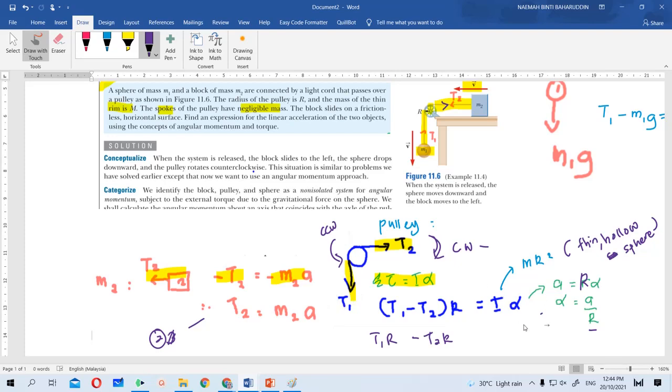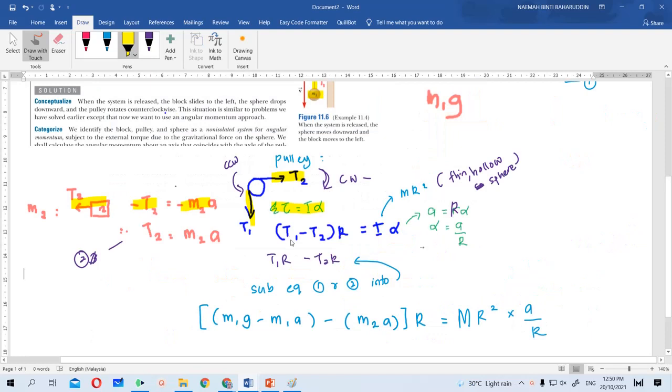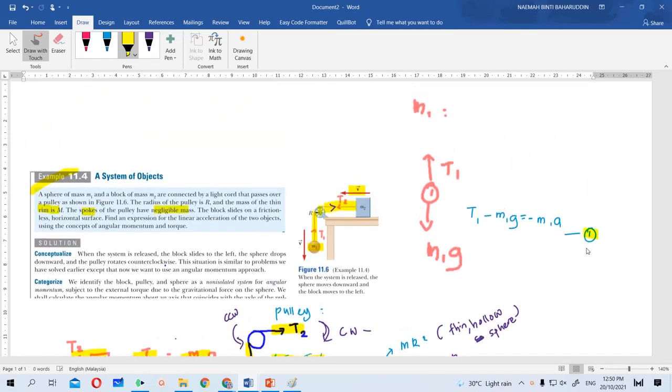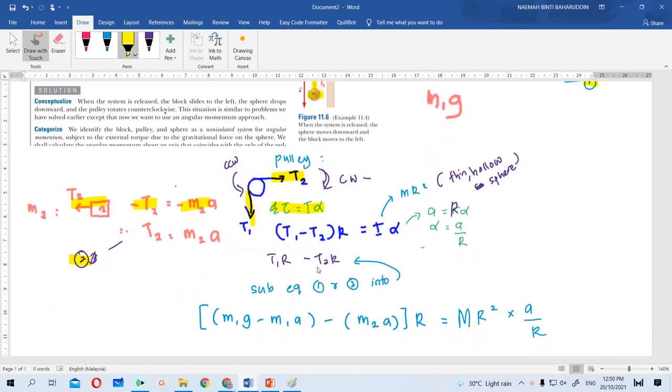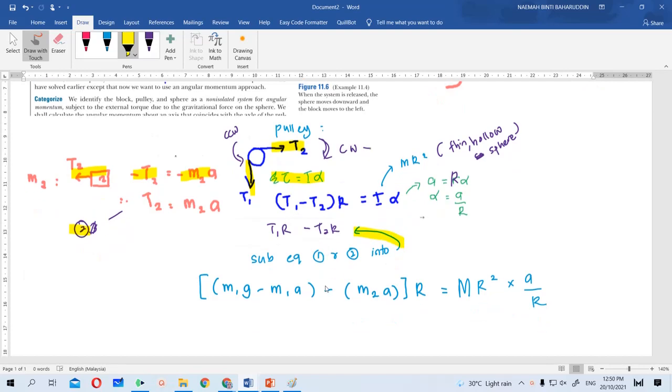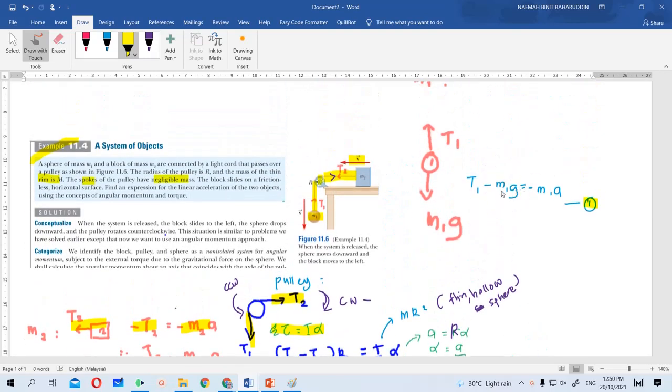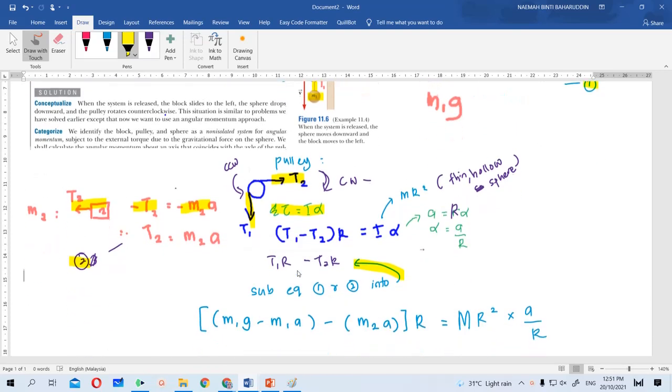What we are going to do next is substitute equations 1 and 2 into our net torque equation. T1 just now is m1g minus m1a.